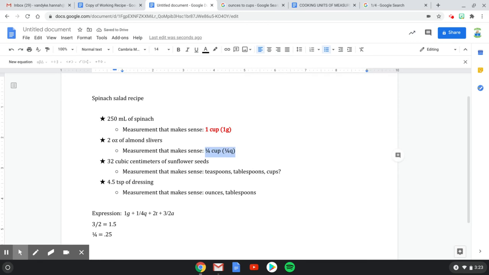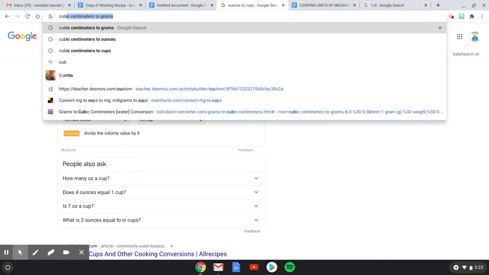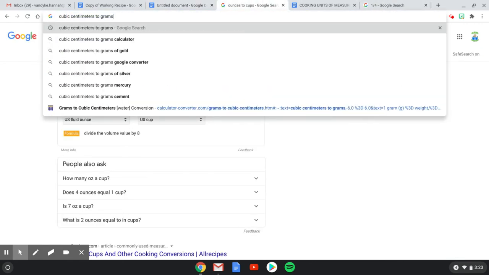So I'm always checking what I get as a conversion with the coefficients in my expression. The next thing that I have are cubic centimeters of sunflower seeds. So I'm thinking teaspoons, tablespoons, maybe cups. Let's try teaspoons first. So cubic centimeters to teaspoons.